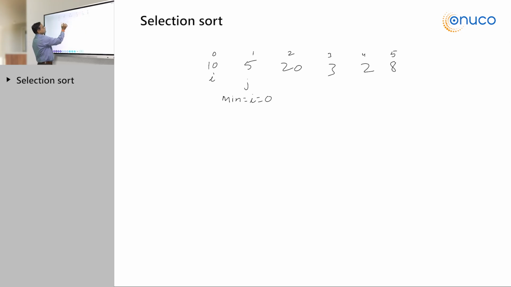In this case, A of 1 is 5 and A of 0 is 10. 5 and 10 you are going to compare, right? Is A of j, 5, lesser than A of min, 10? Yes, it is true. If it is true, then we have a new min value. Min is equal to j, and j is 1.